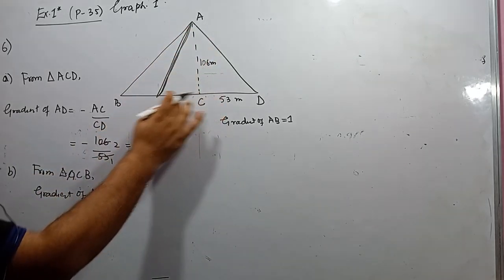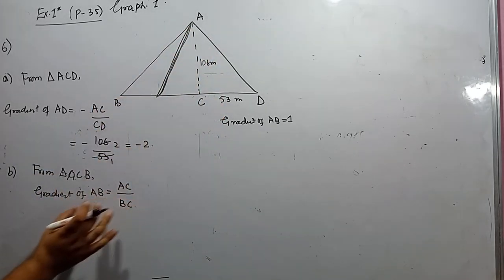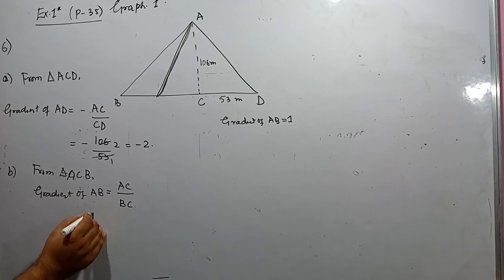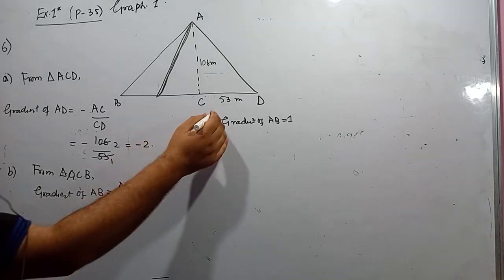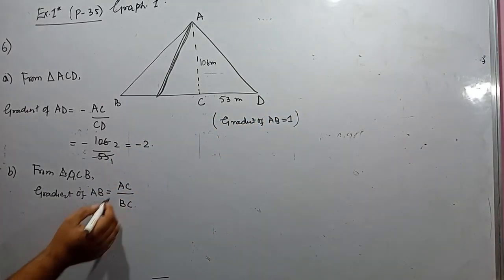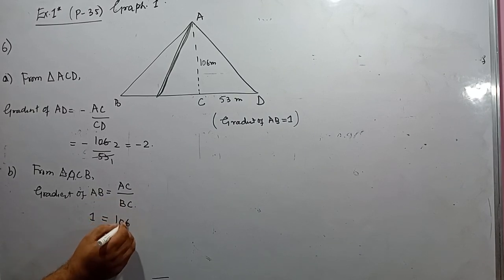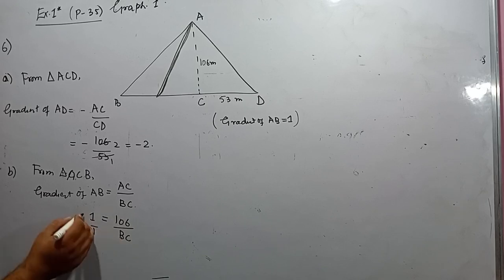That's AC divided by BC is the gradient of AB. But gradient of AB is given, that's 1. It's given in the question. AC is 106 divided by BC. Then doing cross multiplication, BC into 1 is BC. BC is equal to 106.